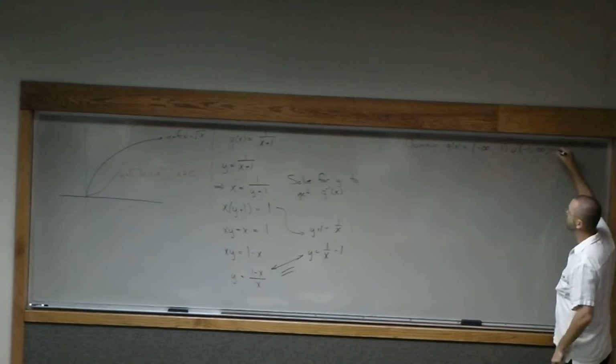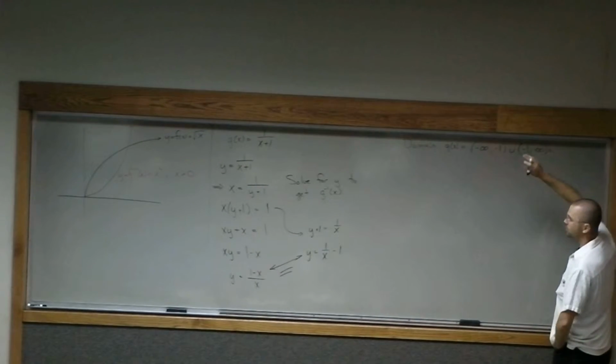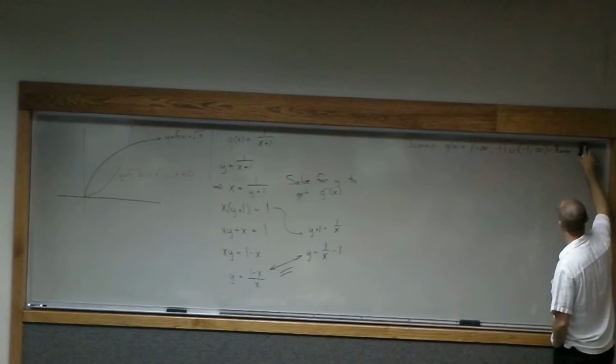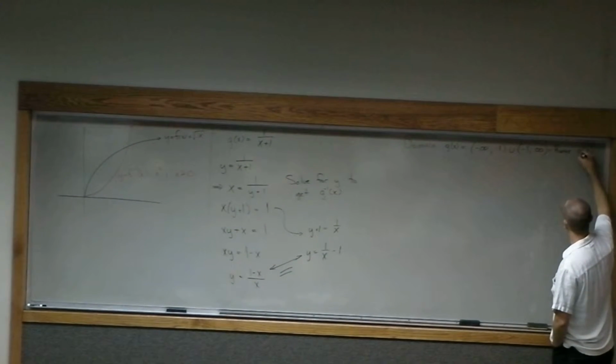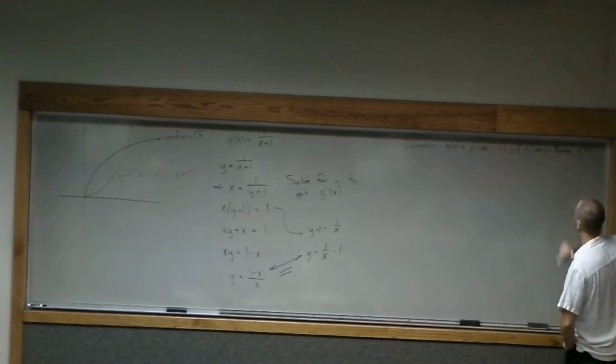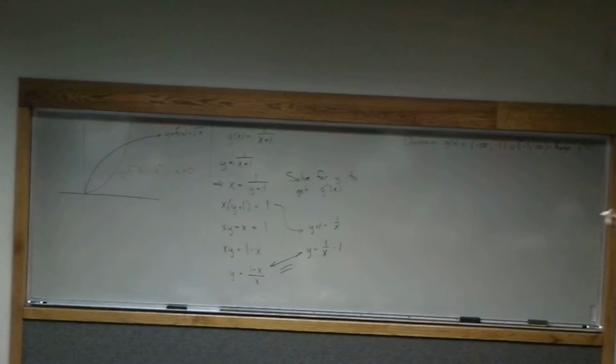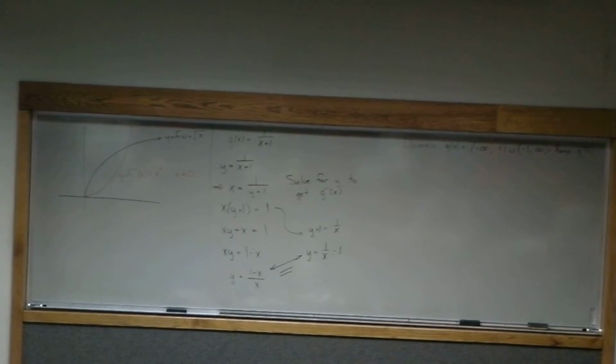Because of my vast knowledge of inverses, I know that that's also the range of g inverse. That's what we said earlier: the domain of the original is equal to the range of the inverse.